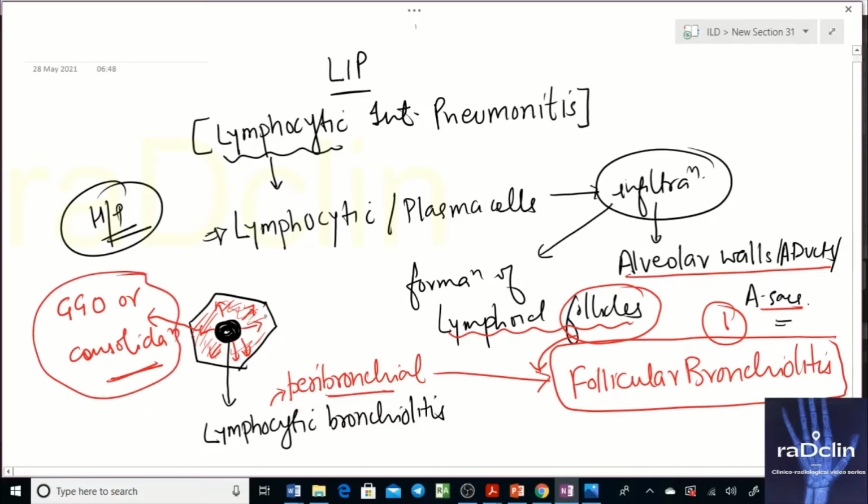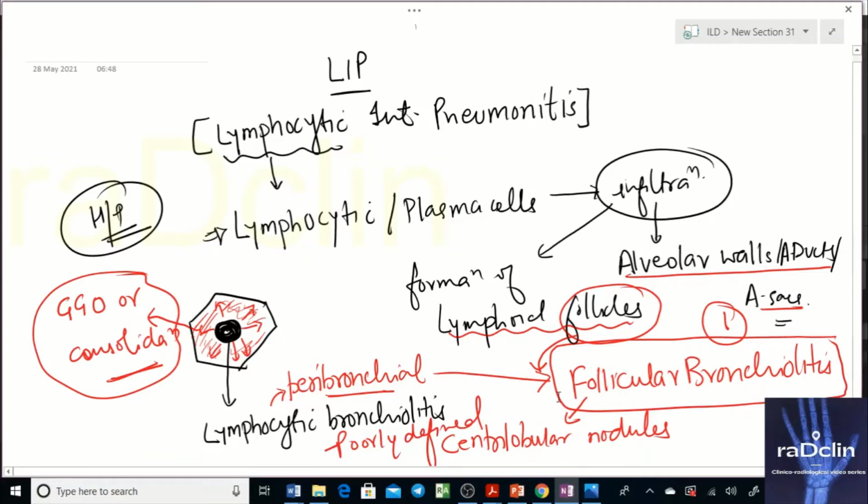When follicular bronchiolitis is there, it is peribronchial inflammation, so it gives centrilobular nodules. Since these are peribronchial, not exactly involving the interlobular septa or interstitium, they will be poorly defined.